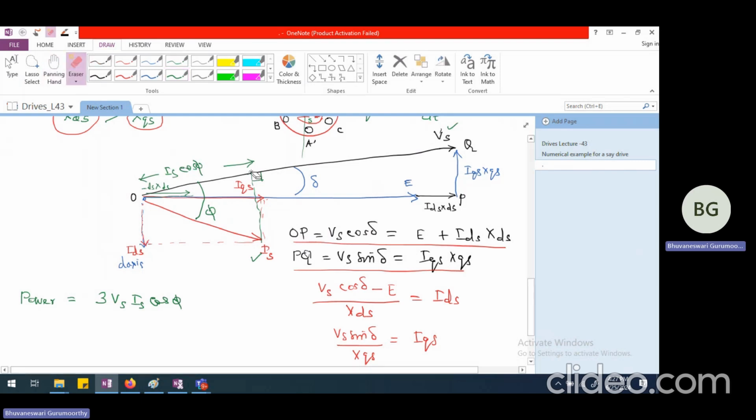So let me first of all try to get Is cos phi in terms of IDS and IQS. So this is Is cos phi. If I look at this, this is IQS. So I should be able to again drop a perpendicular from IQS and that essentially comes up like this. Let me just redraw this again.